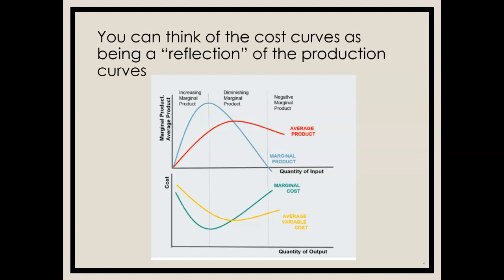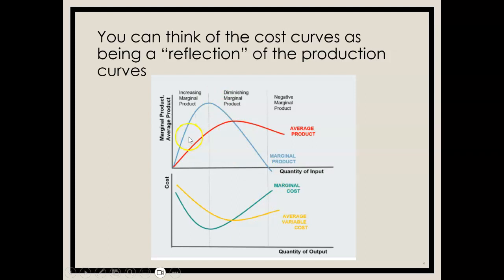The marginal cost is decreasing over the region of output where marginal product is increasing. And then marginal cost starts increasing over the level of output where marginal product is decreasing. Marginal cost increases where marginal product decreases.